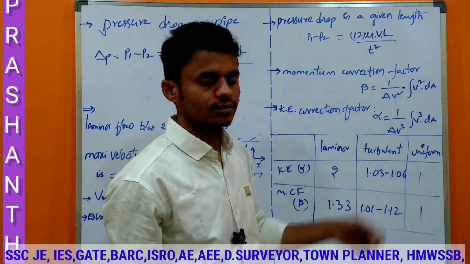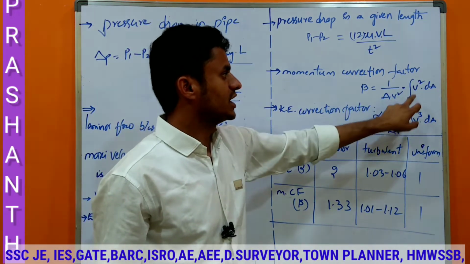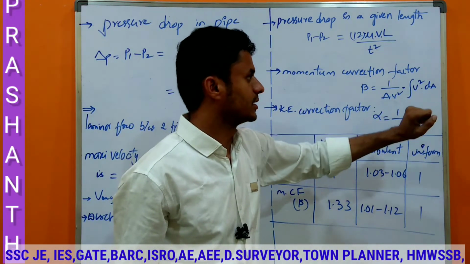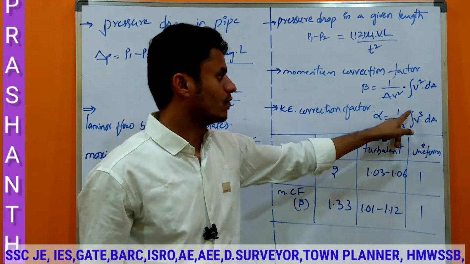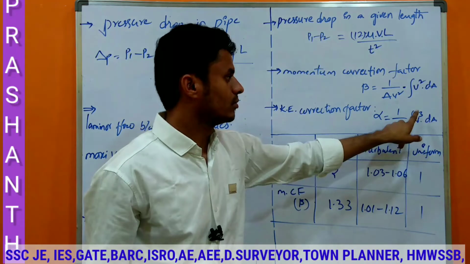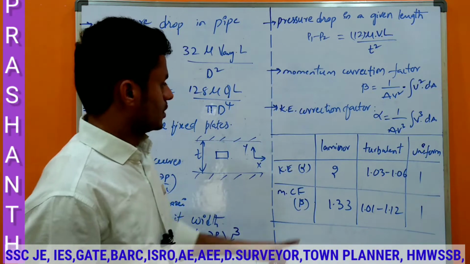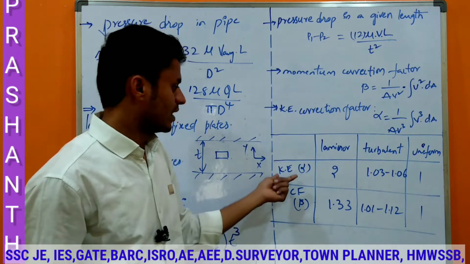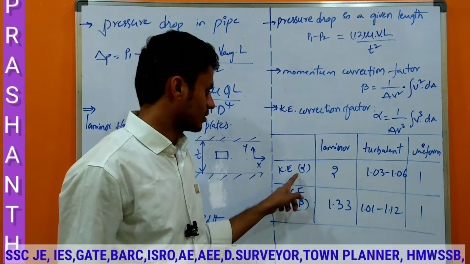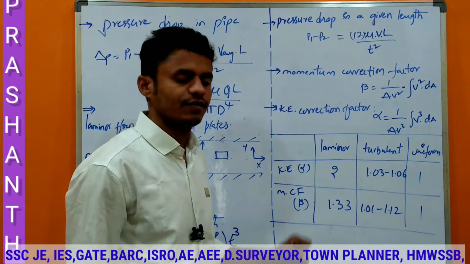Momentum correction factor beta equal to 1 by A V square integration of v square dA. Kinetic energy correction factor alpha equal to 1 by A V cube integration of v cube dA. For laminar flow, turbulent flow and uniform flow, what are the kinetic energy correction factor and the momentum correction factor?